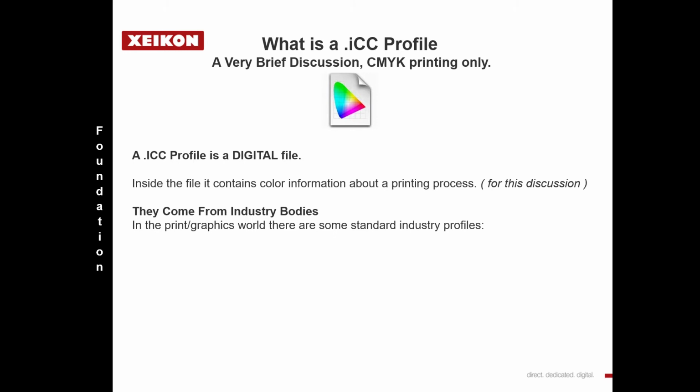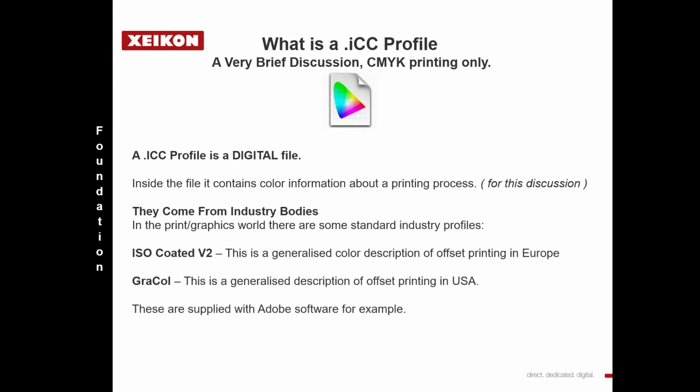Where do they come from? Well, there are industry bodies who develop these and give us in the graphic arts industry what we call industry standards. Now, these are just 2 examples. On the screen we have ISO coated, and this is a generalized color description of offset printing in Europe.